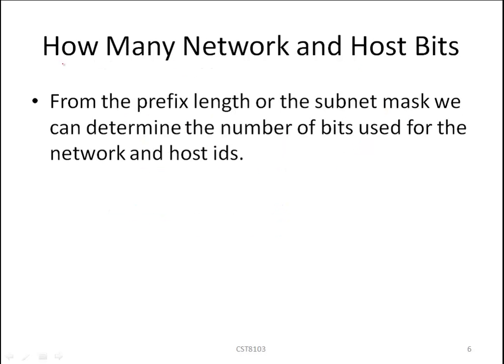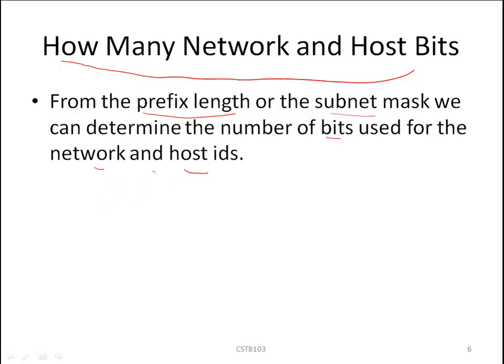Now let us look at something that may be a little more complicated. The question is, how many network and host bits for a 32-bit address? From the prefix length and the subnet mask, we can determine the number of bits used for the network and the number of bits allocated to the host ID.